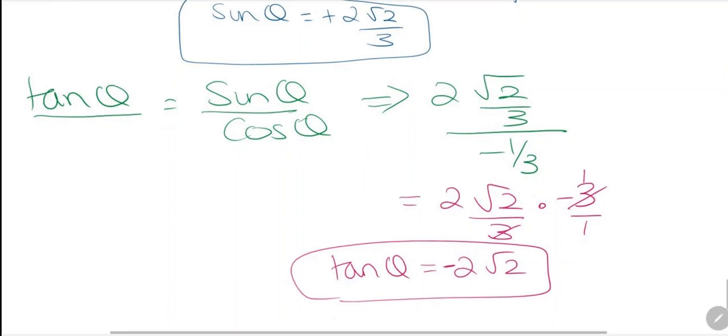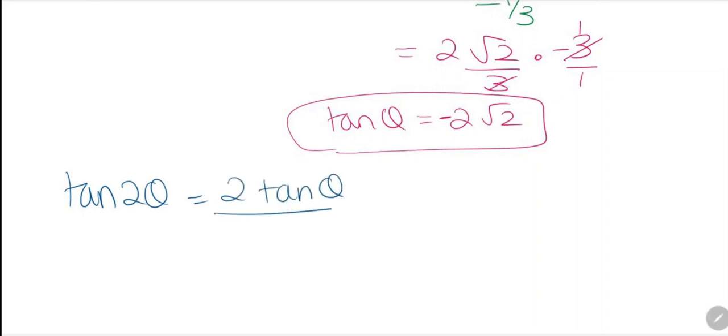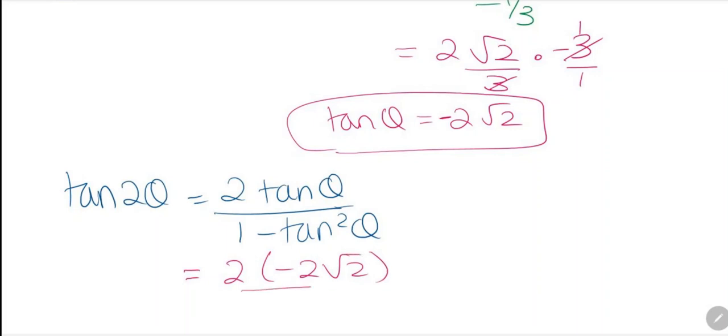Now we can use this to find tan 2 theta using the double angle identity. We need to use 2 tan theta over 1 minus tan squared theta, and substitute in what we know. The value for tan is minus 2 root 2, so this is divided by 1 minus minus 2 root 2, squared.